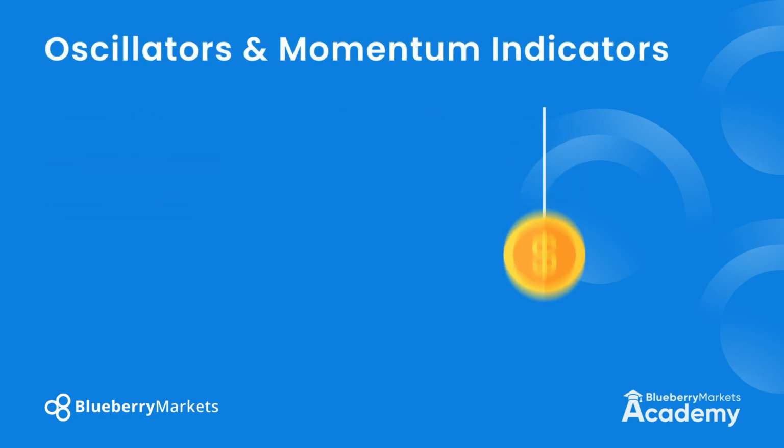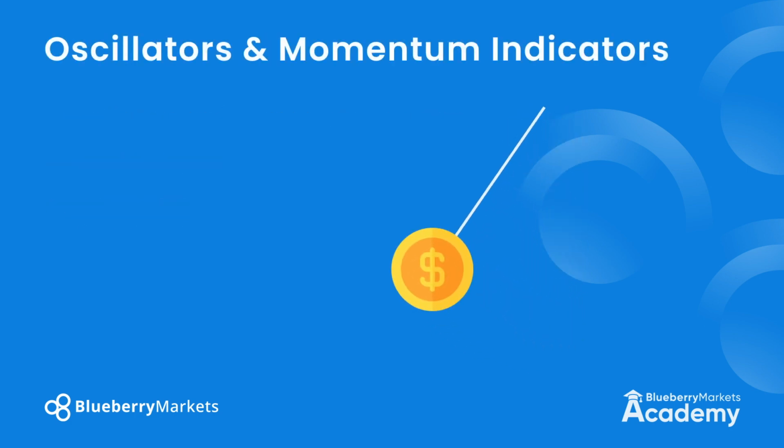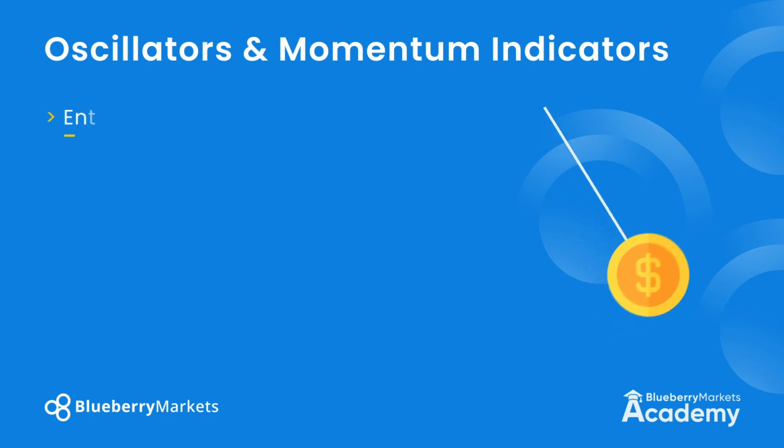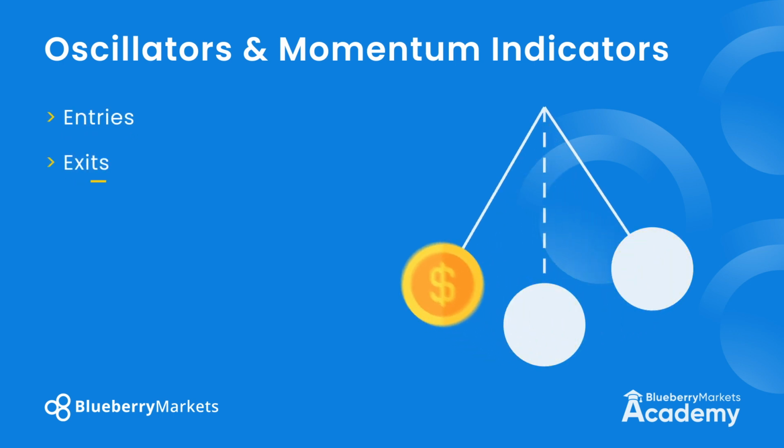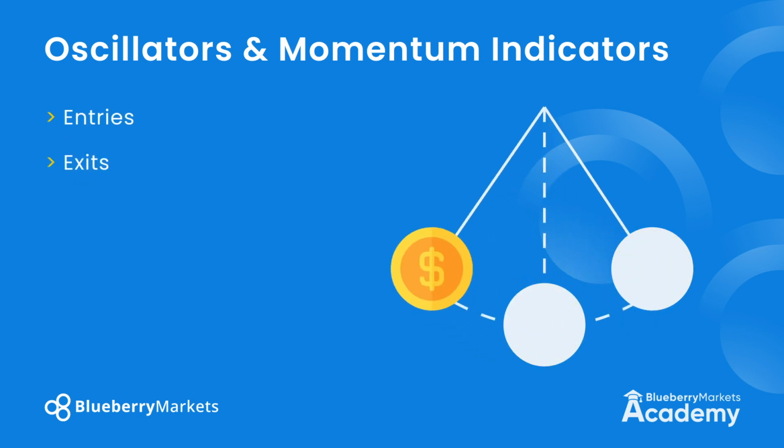So oscillators and momentum indicators can help you identify potential entry and exit points in the market. They're designed to help you understand whether a currency is overbought or oversold, providing insights into potential future price movements. Now, there are many oscillators out there, but let's just focus on the most common ones.